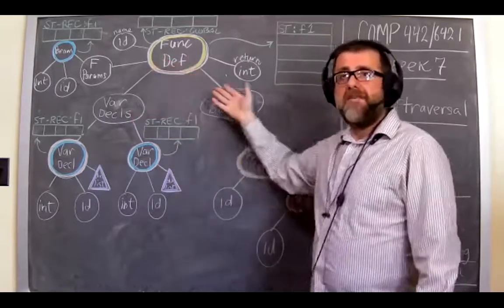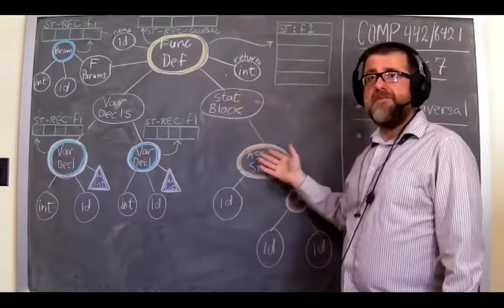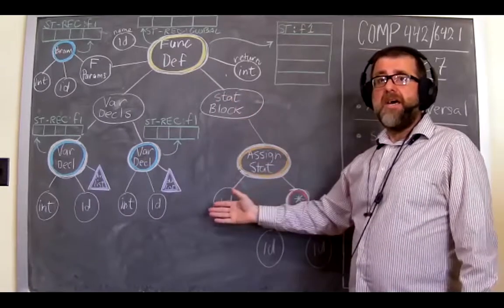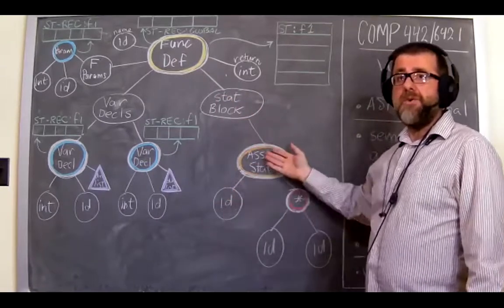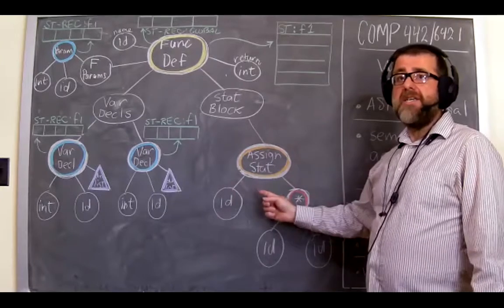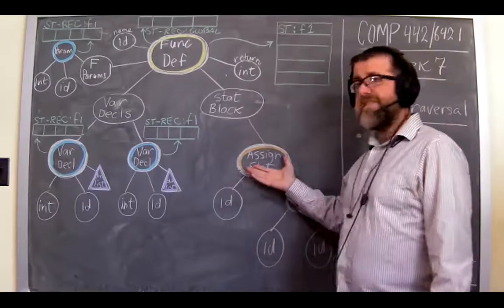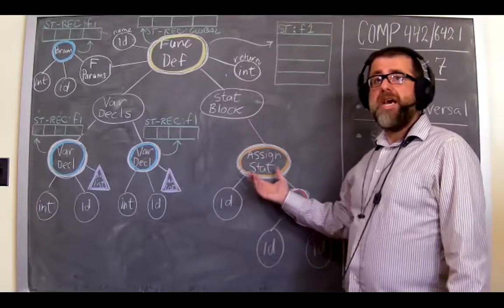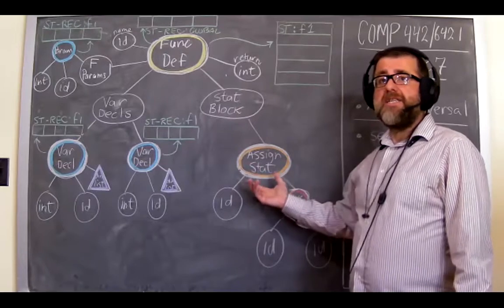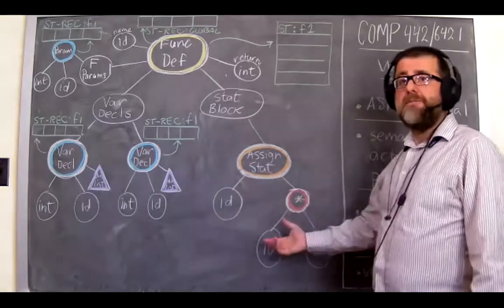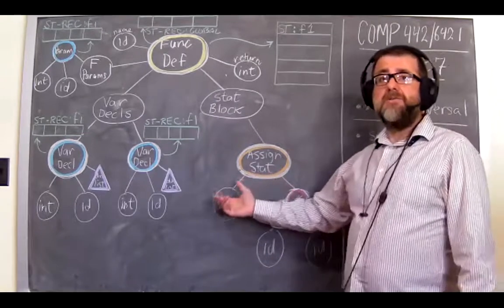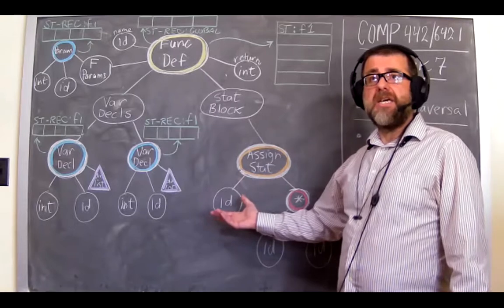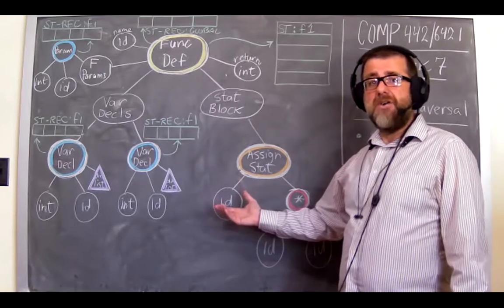Then after that, I have my statement block for the definition of the operation of this function. For example, you might have a certain ID that is equal to an ID times ID. That's a statement that I have in my function. As I process this, for example, A is equal to B times C, when I come to A here, I should be able to figure out if A is a valid identifier for this scope.